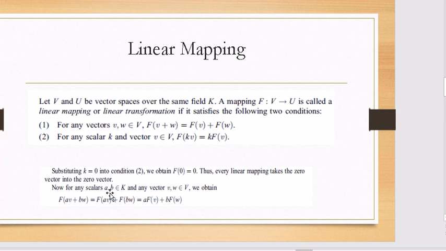If we have two scalars a and b in the field and two vectors v and w, then f of av plus bw can be written like this using the first condition, and now applying the second condition we get this relation. So sometimes we take this relation as the definition of linear mapping instead of taking the two conditions separately.